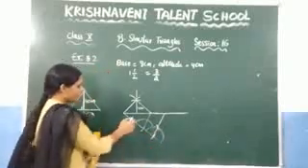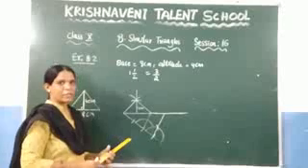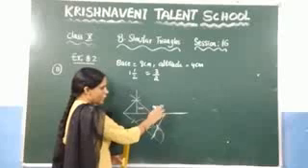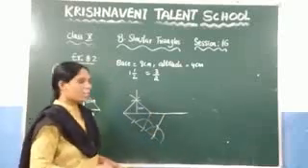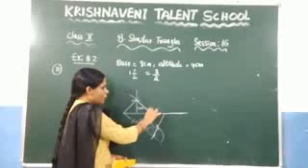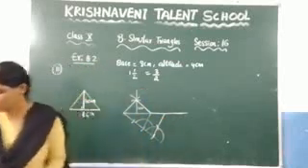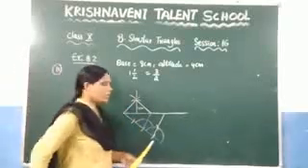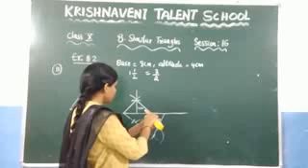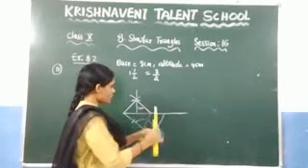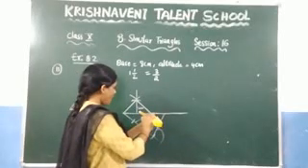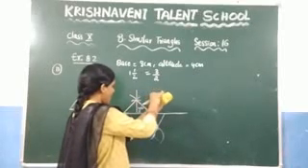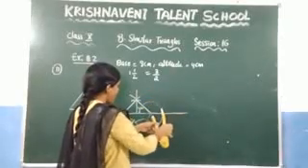Now again, below, you got a similar triangle. Now you need to construct for this triangle: at this point draw one arc, and at this point draw one more arc, such that you can draw the line parallel to this line. So take some radius and draw one arc. I am taking this much radius.